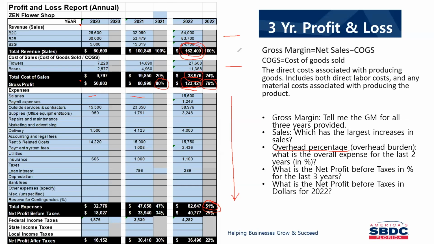That means for every dollar that I bring here, 24 cents goes to this. 76 cents is left over. And I have to spend 51 cents in running my overhead, leaving me 25% as a profit, 25 cents.